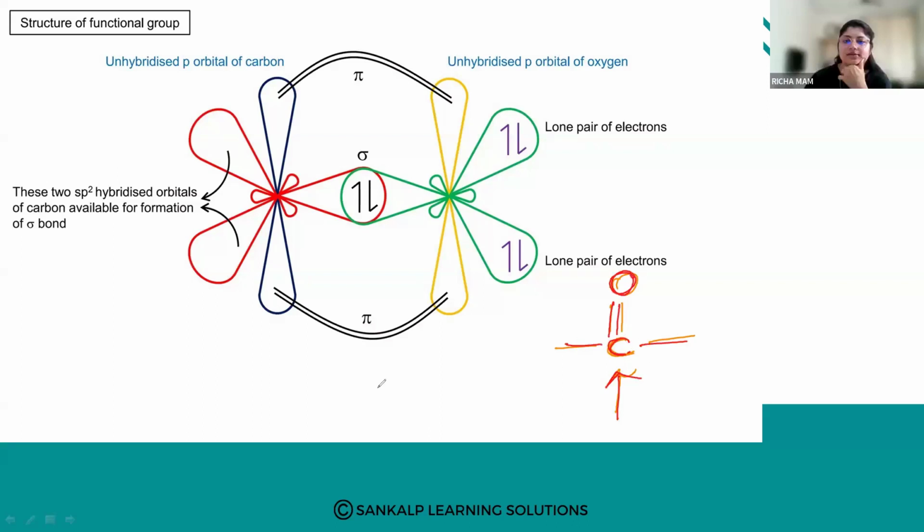So this carbonyl carbon, can anyone tell me what is the hybridization of this carbonyl carbon? Yes, very good. It is sp2 hybridized. So how many sigma bonds are formed here in the structure?